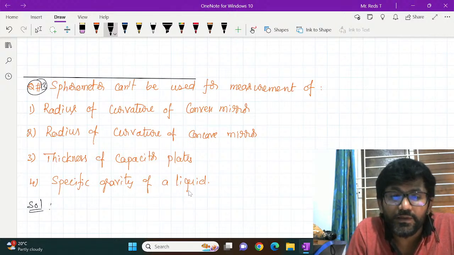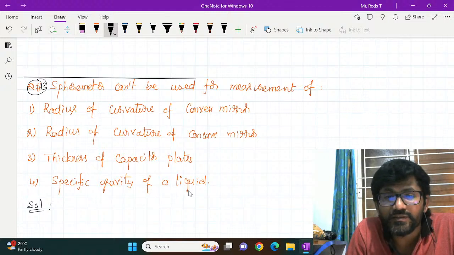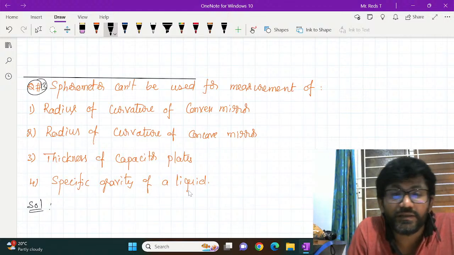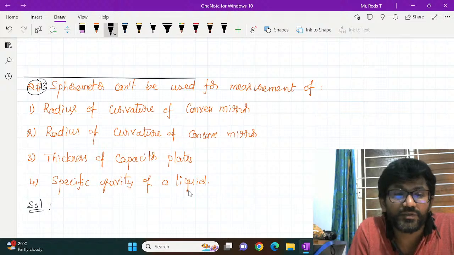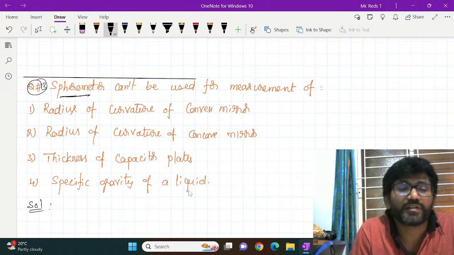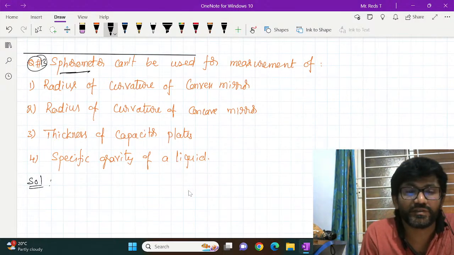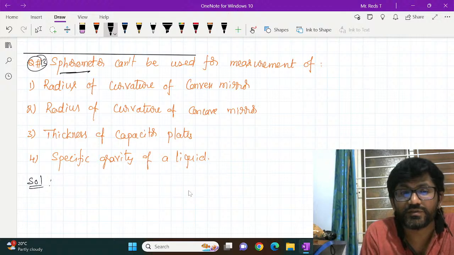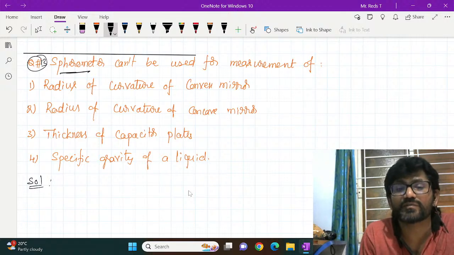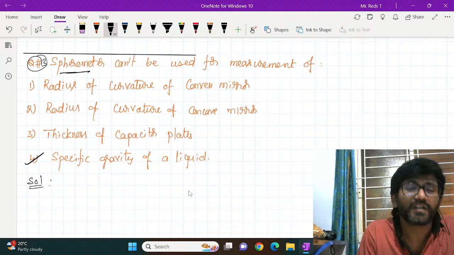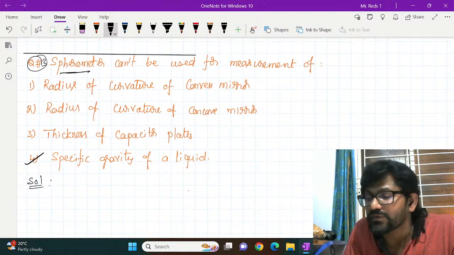So the thickness of capacitor plates can also be measured using a spherometer. But the specific gravity of a liquid cannot be determined using a spherometer. So we can measure all this, we cannot measure this. The question is, spherometer can't be used to measure what? It can't be used to measure specific gravity. So the fourth option is the right one.